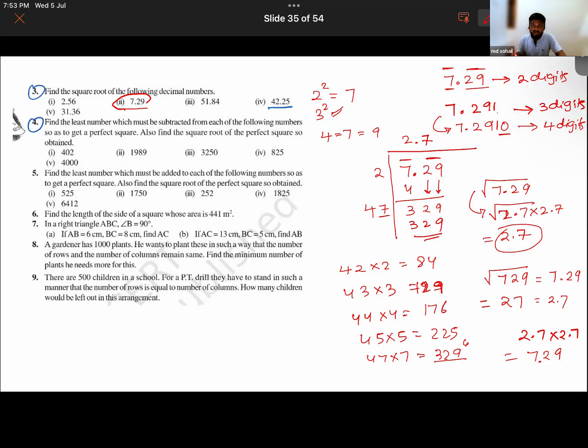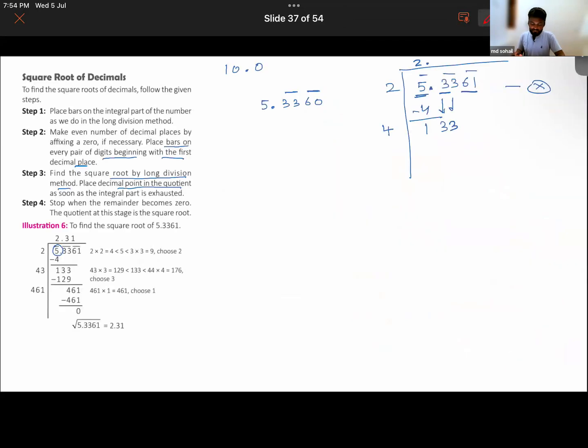So you can understand it like that as well. Just treat the number as 729, and we know its square root is 27, and definitely the decimal is going to be in between 2 and 7. Okay, hope that's clear. Yes, sir.